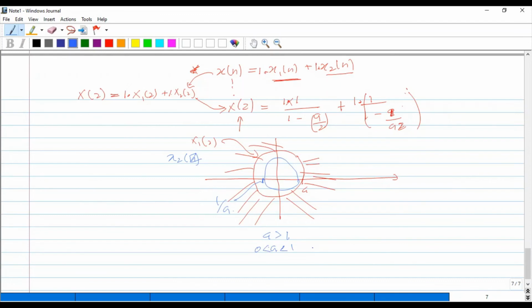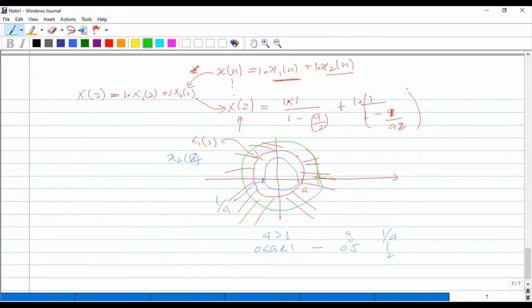Let's say it is 0.5. So now a is 0.5, and what about 1 by a? It is 2. So in that case, 1 by a will be outside this a value. I hope you can understand.